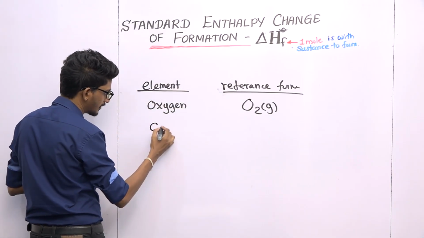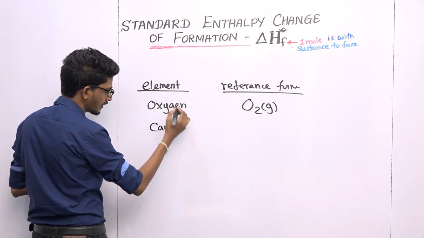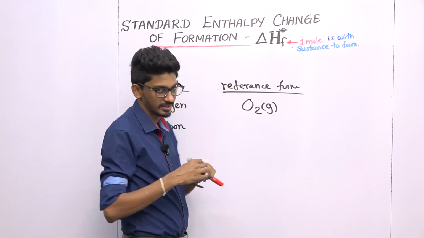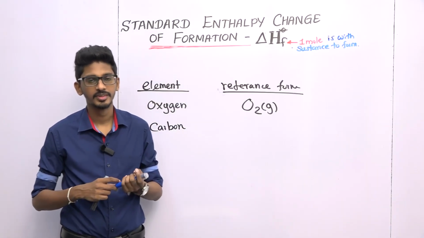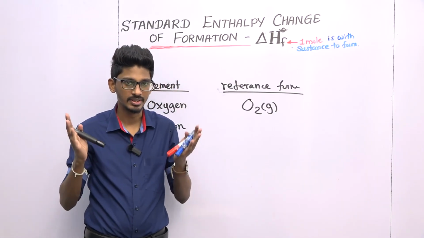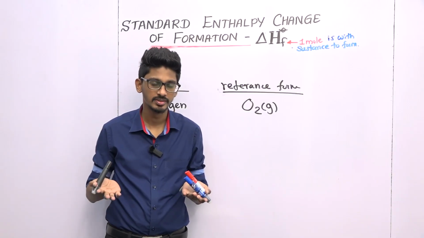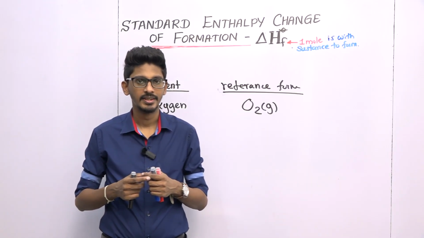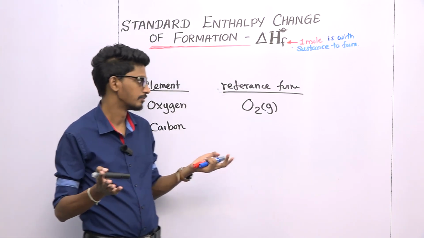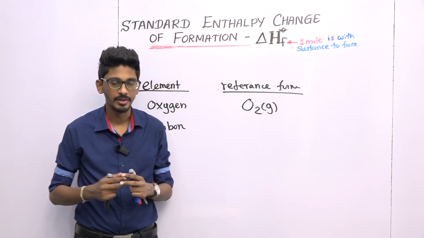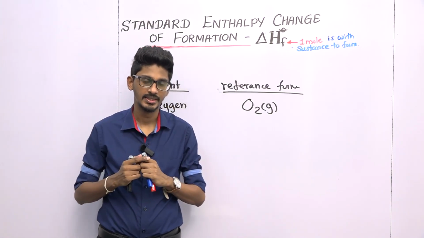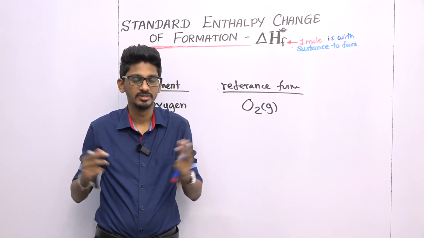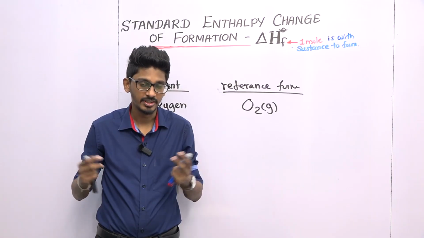When it comes to carbon, the element carbon has a few allotropic forms: carbon diamond, carbon graphite, even carbon nanotubes and fullerenes. But the most abundant form at 1 atm and room temperature is graphite.